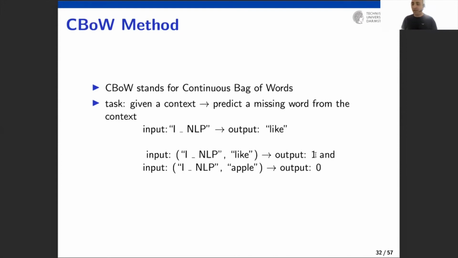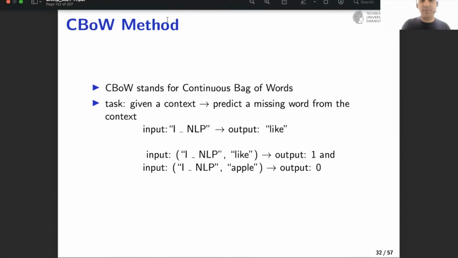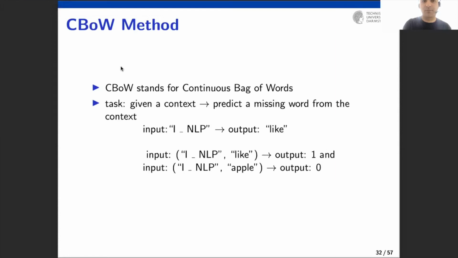Okay. In order to formulate this problem, we can map it to a classification problem, right? So for any instance like I like NLP, where the output is like, we define two instances, one positive and one negative instance.